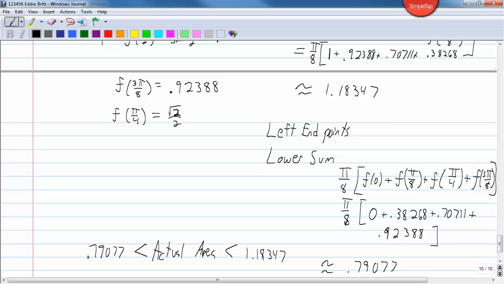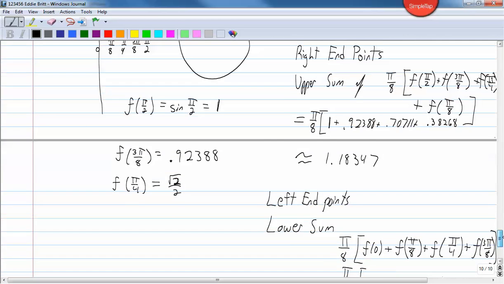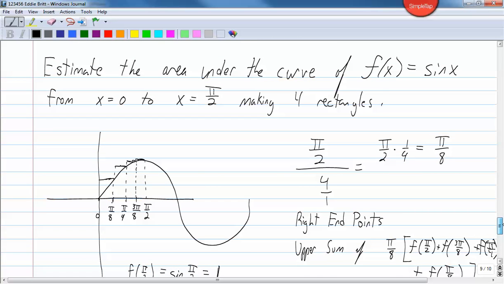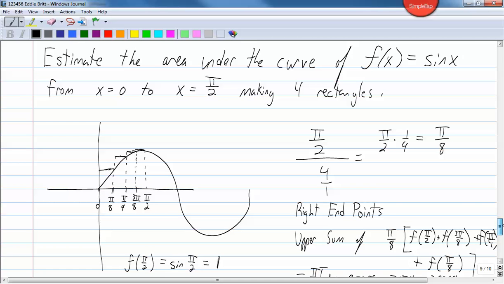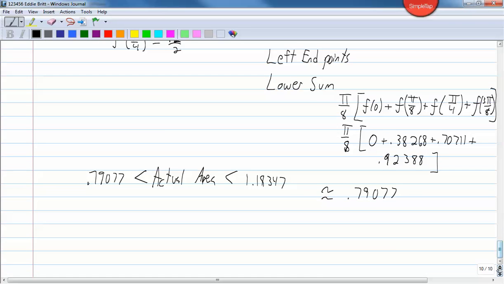So now let's use a definite integral to figure out the actual area. What were my x boundaries? x equals 0 to x equals pi over 2. The function is sine of x.